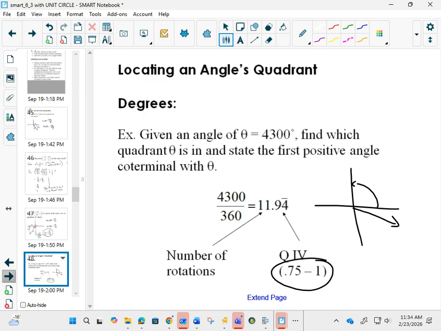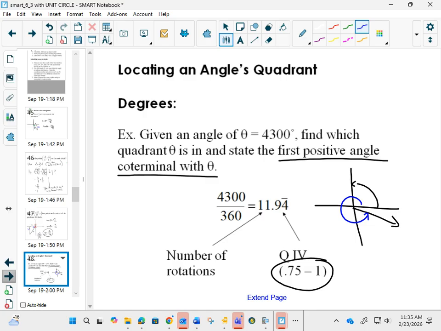If you didn't have a calculator, then what I would probably do is try to find out what 4,300 degrees is coterminal with. And in fact, this question does ask that. It's asking, what's the first positive angle? In other words, if it ended in quadrant 4, what's this angle? How could I figure that out?